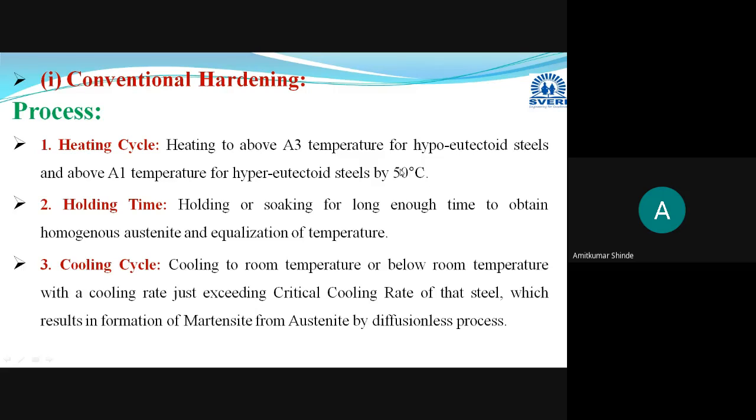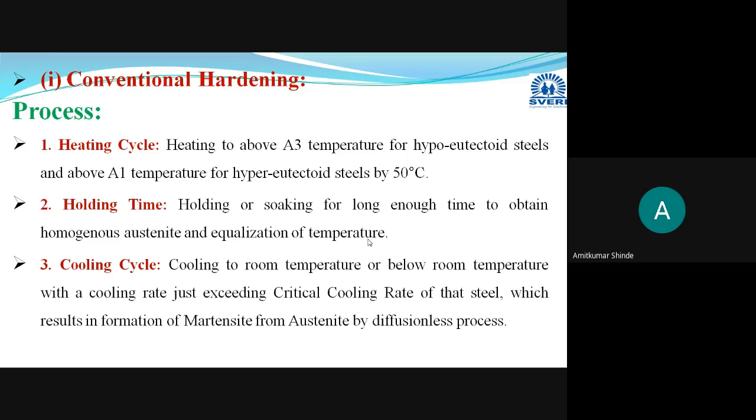Then, in that temperature zone, sufficient holding or soaking time is provided to obtain homogeneous austenite and equalization of the temperature, meaning the temperature on the surface of that steel component and at the center should be the same, and throughout the component homogeneous austenite should be there. Whichever steel is achieved here will be termed austenitized steel.